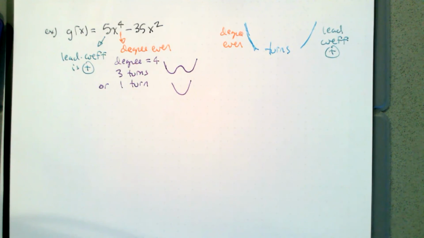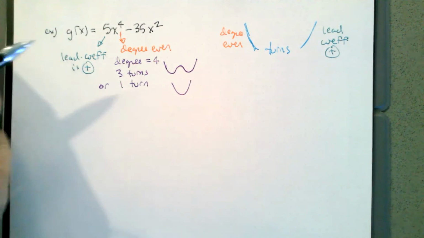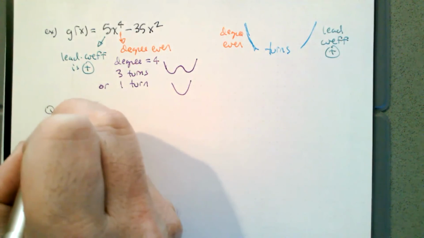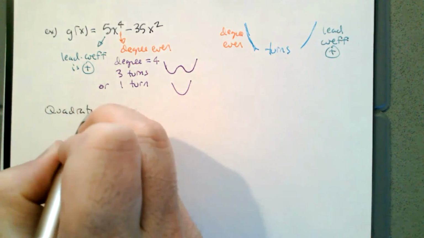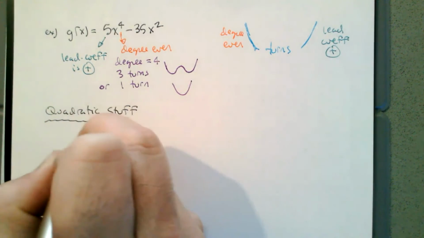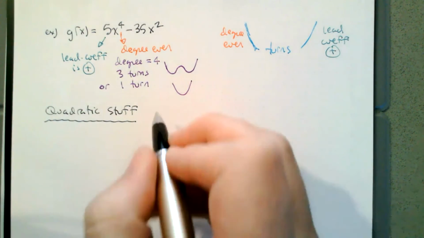So let's combine this with some more stuff that we know about polynomials. Let's think about some quadratic stuff.